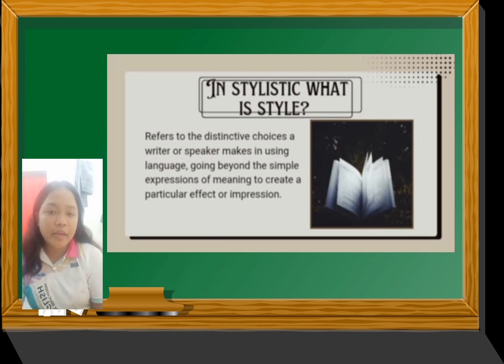So, I have here an example of a simile. The man's face was as wrinkled as a map. The author chooses words to emphasize a meaning based on this sentence. It means creating a visual comparison and evoking a sense of age and experience.